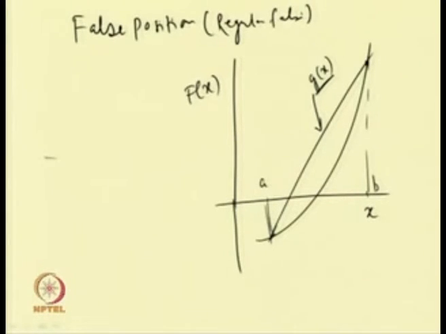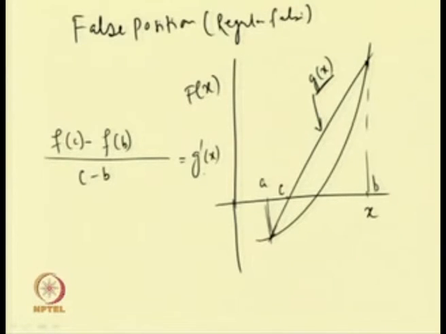Then we can obtain this point C. Now f c minus f b by c minus b is equal to g dash x, so we can find the slope of this line, where f c equal to 0, since this point intersects the 0 line.